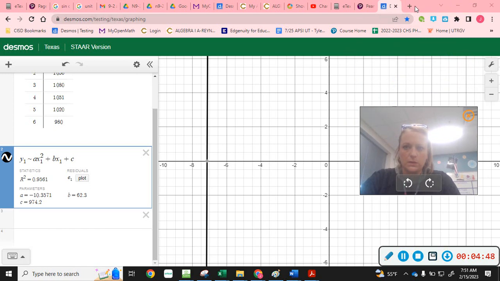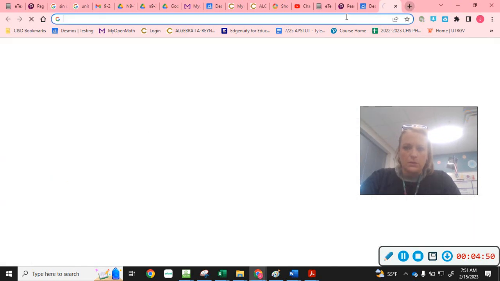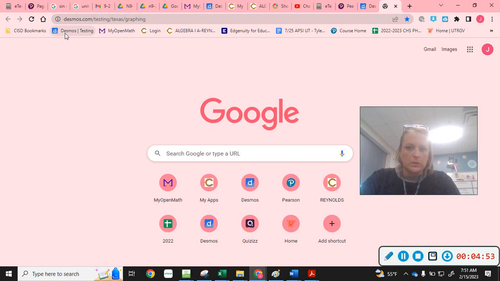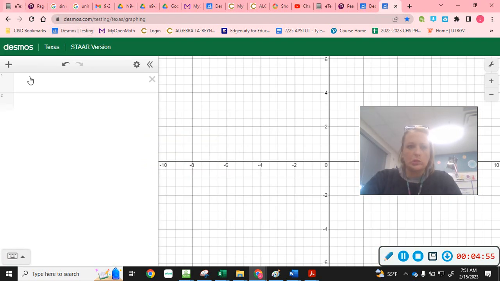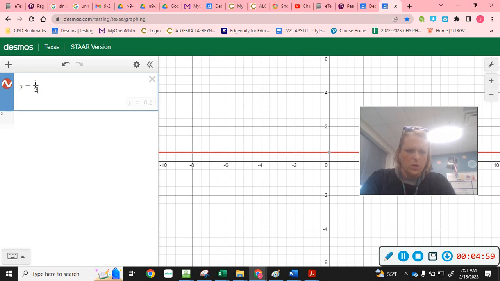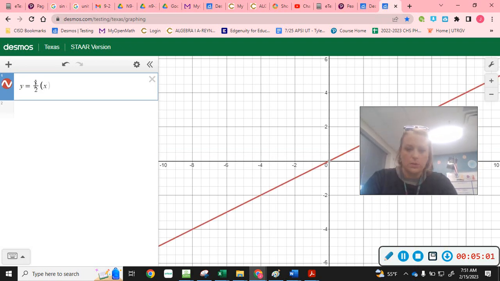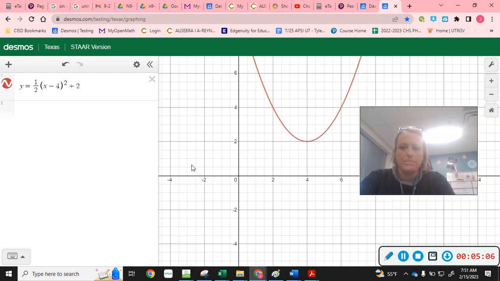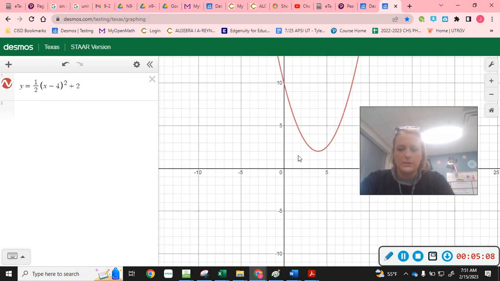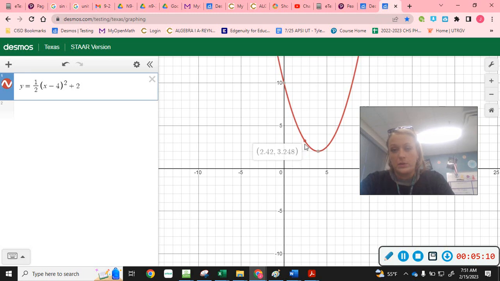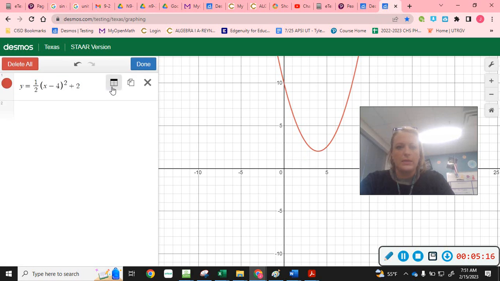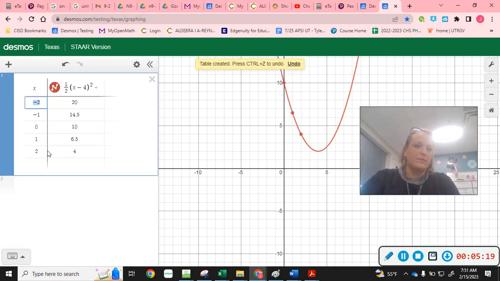I am going to go to Desmos and type in the equation that they give us: x minus 4 squared plus 2. And I need to be able to pull out points. You can click anywhere on the graph and get points. If you want them to pop up, you'll need to hit this little gear button and then the table. And it gives me some points.